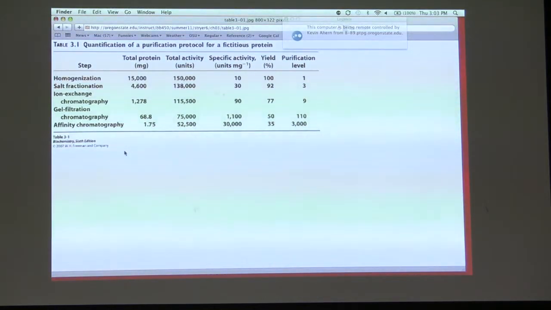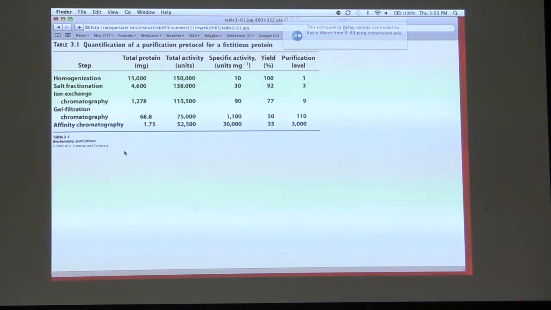If I know what that reaction is, then I have a way of measuring during the purification process which fraction my protein is in. If I don't have that, I have no way of detecting my protein. So part of the purification process is monitoring what's happening to the samples as you're purifying them. And what you see is that you don't get 100% recovery.